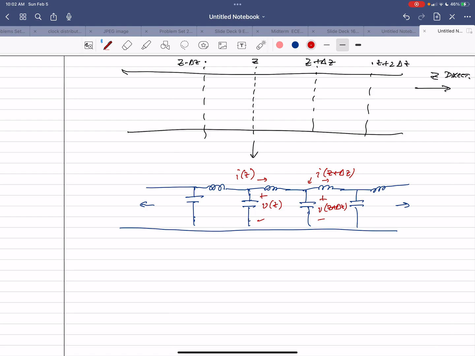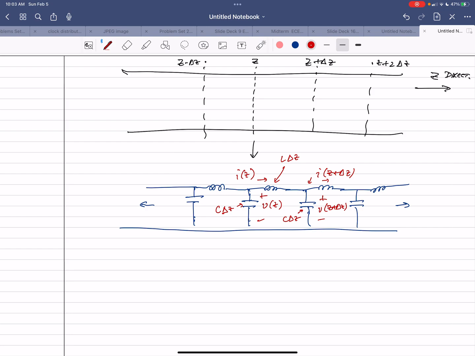Okay, so let's see, what else do I want to say? The value of this capacitance here is going to be the capacitance per unit length times the length of the sections we're looking at. And that's going to be the same value here, so it's also C delta Z. And this L is going to be L delta Z, the inductance per unit length times the length that we're looking at.